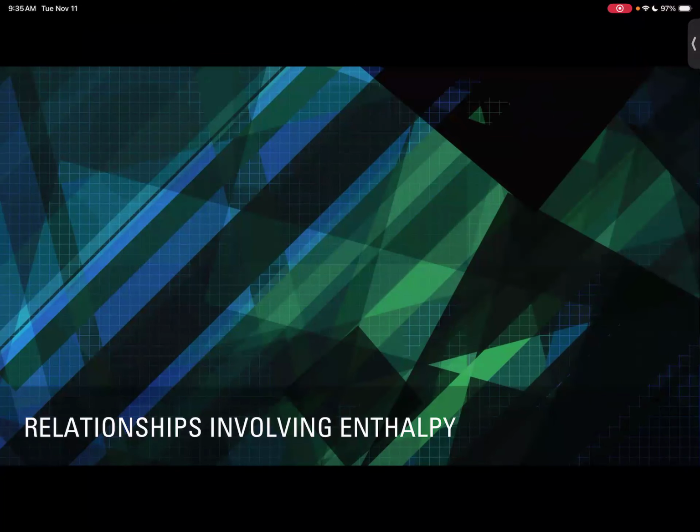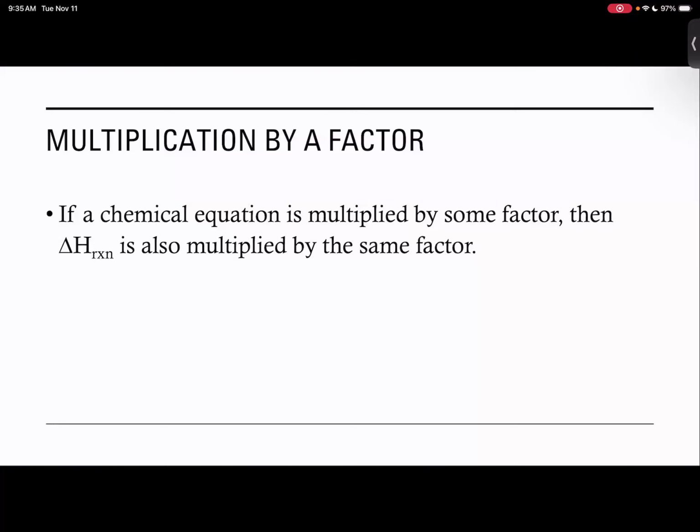Okay, so what we're moving into now is relationships involving enthalpy. When we look at a chemical reaction, there is an energy associated with that chemical reaction.